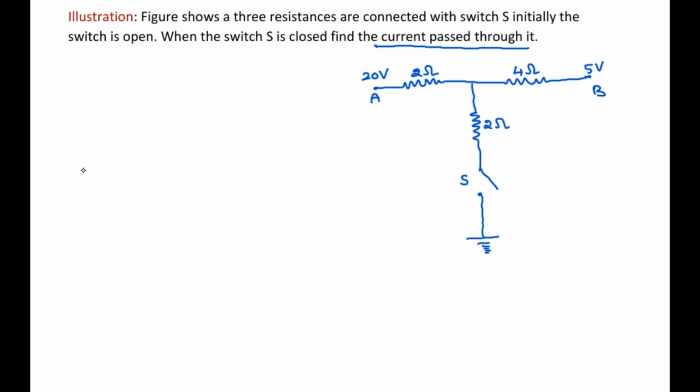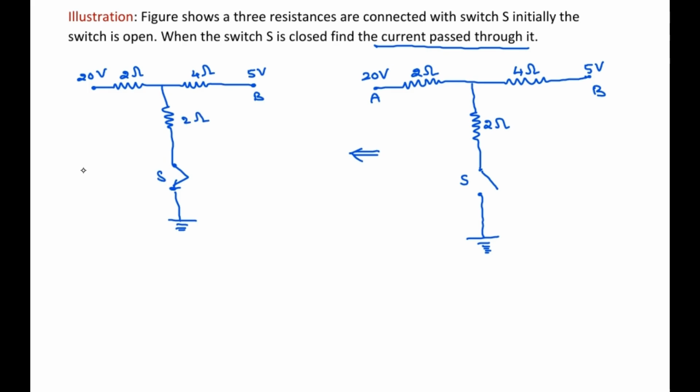Now, when the switch is closed, what will happen? The switch is closed here. 20 volt, 2 ohm, 4 ohm and 5 volt at B, and it is 2 ohm.